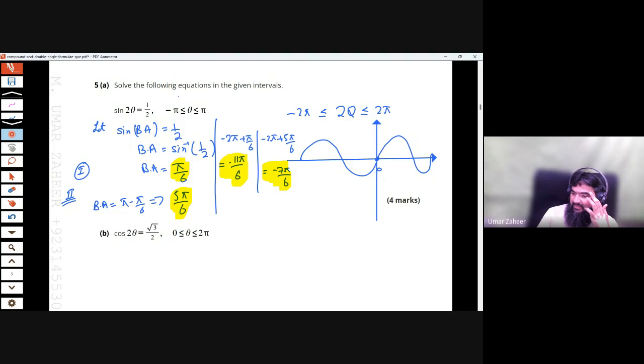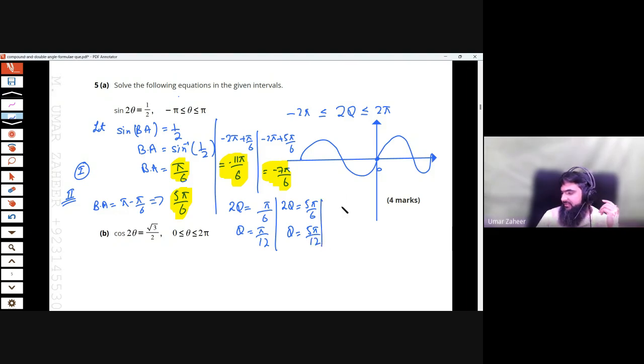But the angle is not the base angle. The angle is basically 2 theta. So you will get that 2 theta is equal to pi over 6, so theta is equal to pi over 12. In the same way, 2 theta is equal to 5 pi over 6, means theta is equal to 5 pi divided by 12.